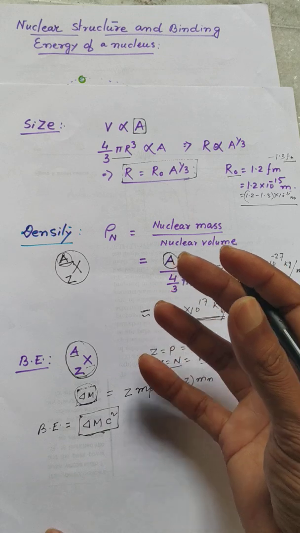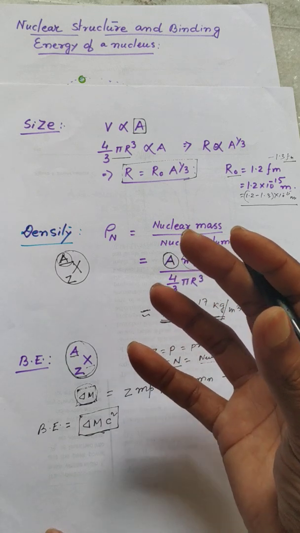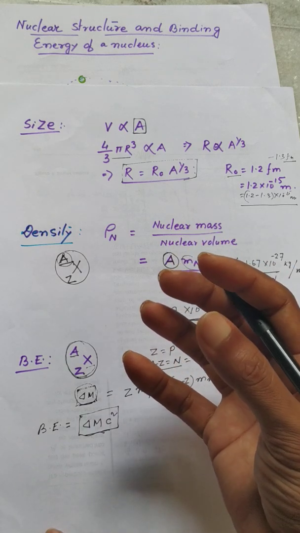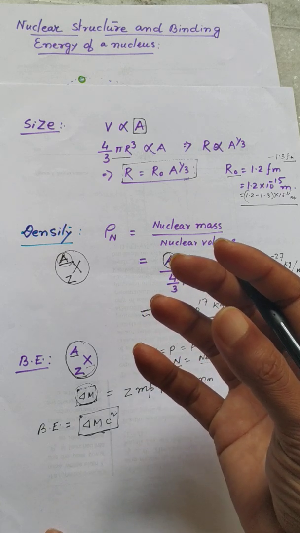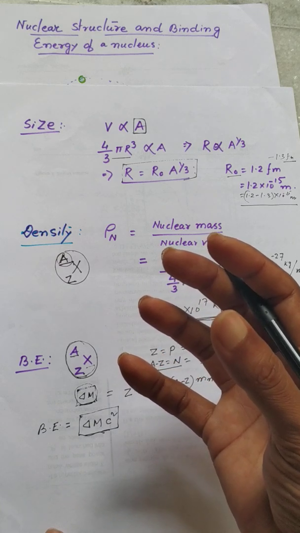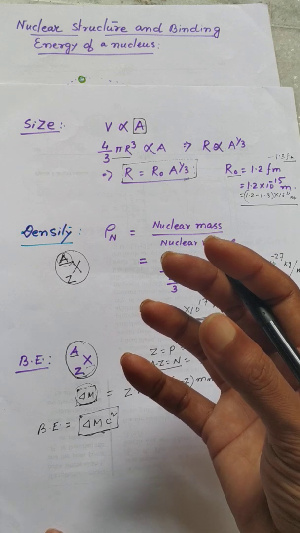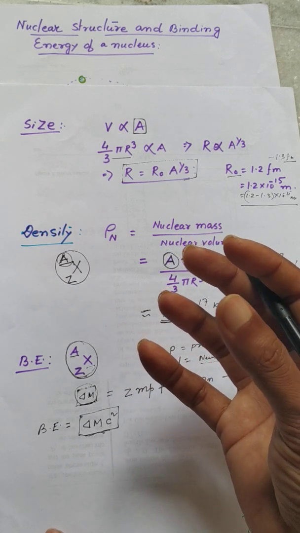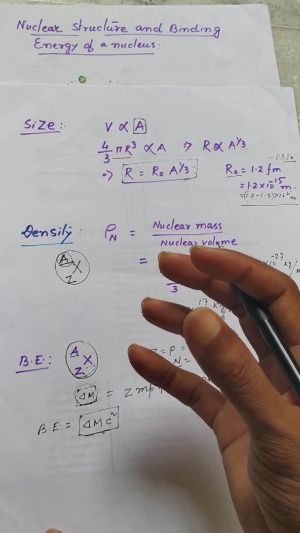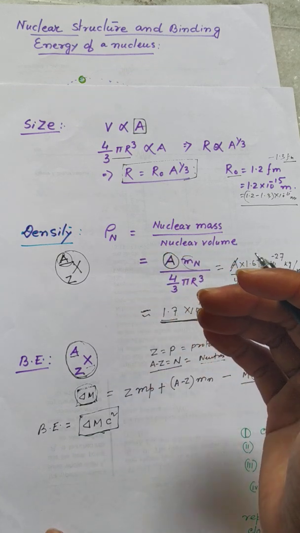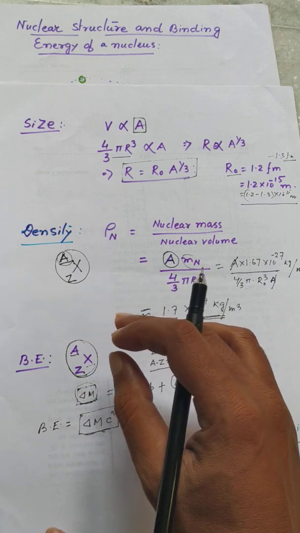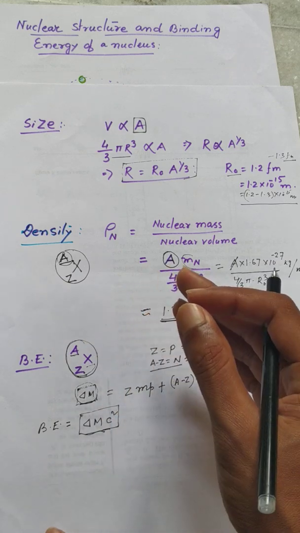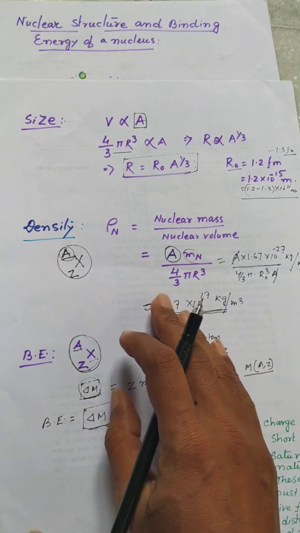We can compare a nucleus with a liquid drop, because for a particular liquid the density of the drop does not depend on the size of the drop. Whatever the size of the drop, the density will be the same. So we can compare a nucleus with a liquid drop.